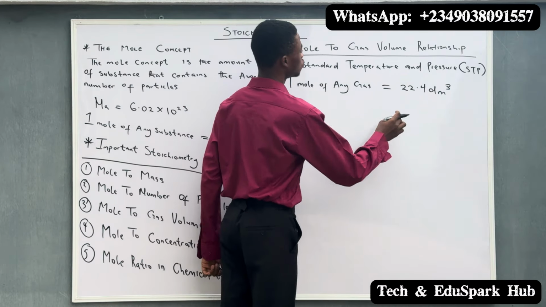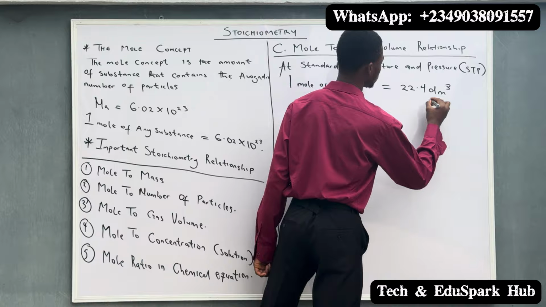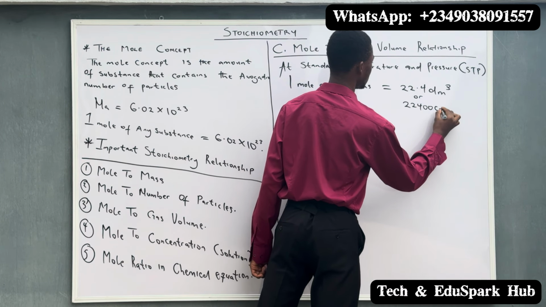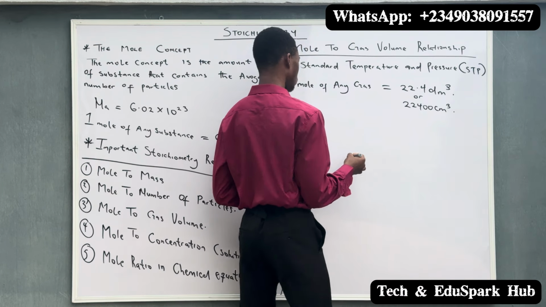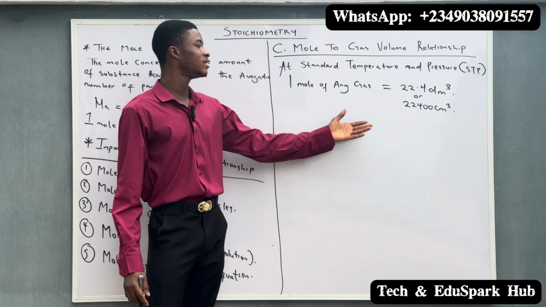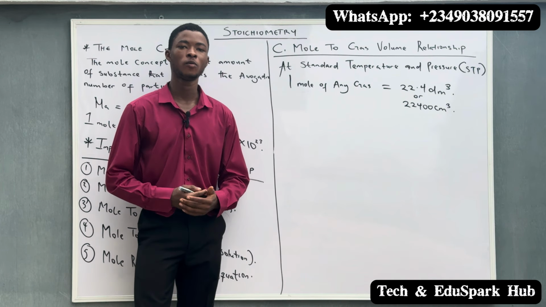So it can be equal to 22.4 dm cube or 22,400 cm cube. So it depends on whatever you are given in the question, whether it is in dm cube or in cm cube. You can easily use any one of the two depending on your parameters.